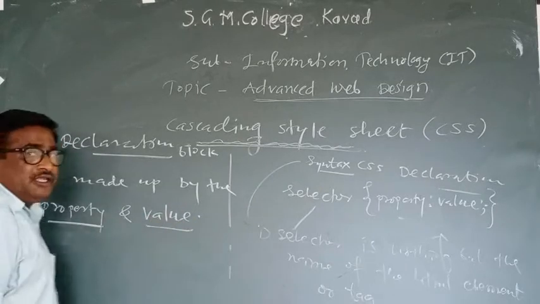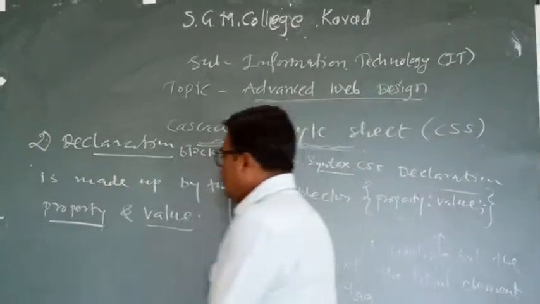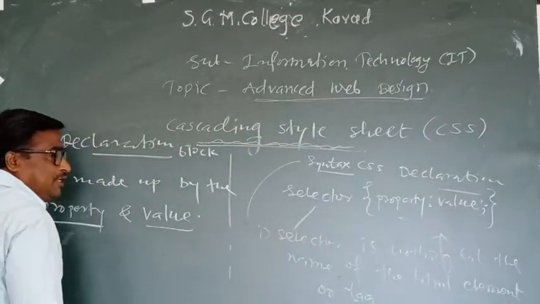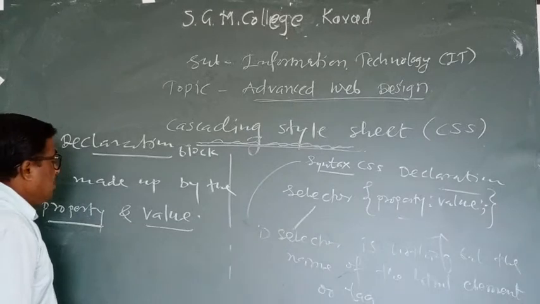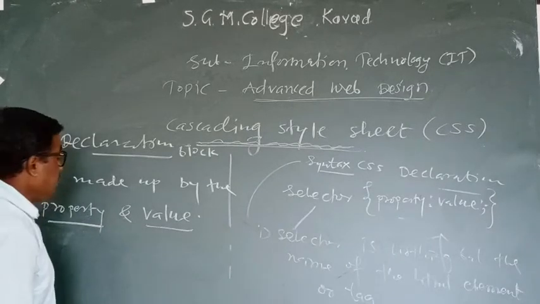The declaration part is made up of property and value. These properties are property 1, property 2, as well as values are value 1, value 2.